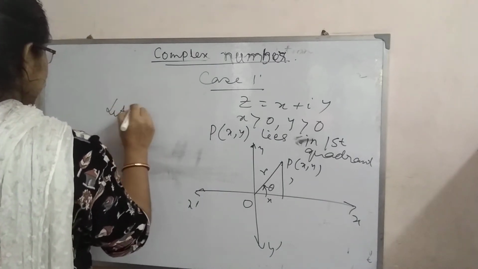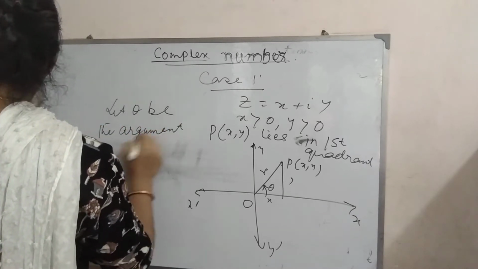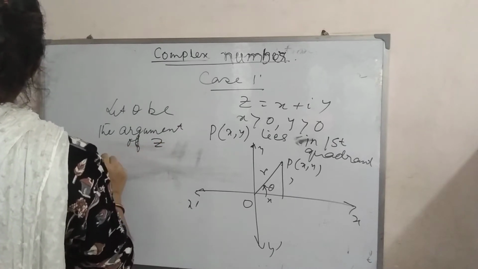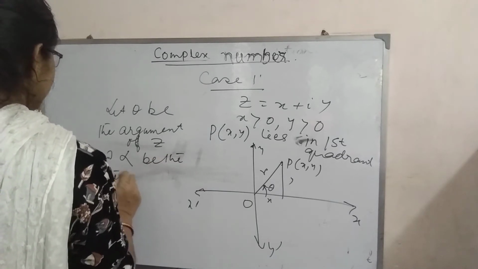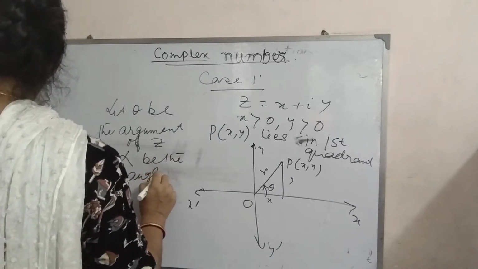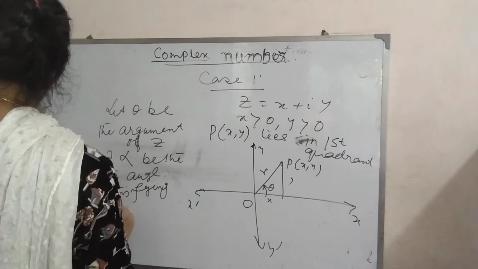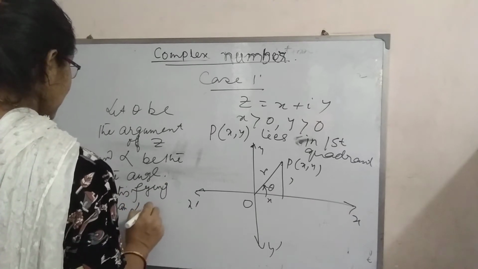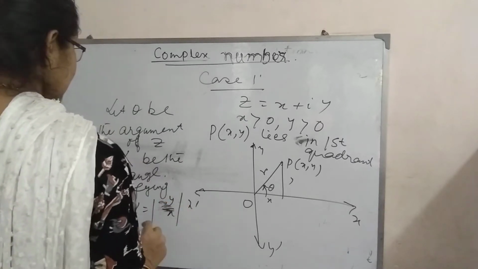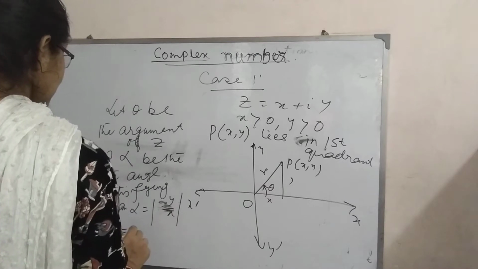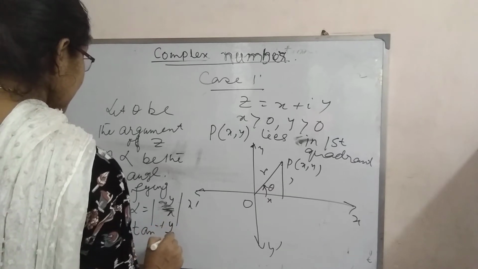Here let theta be the argument of z and alpha be the acute angle satisfying tan alpha equal to mod y by x. So alpha equal to tan inverse y by x.